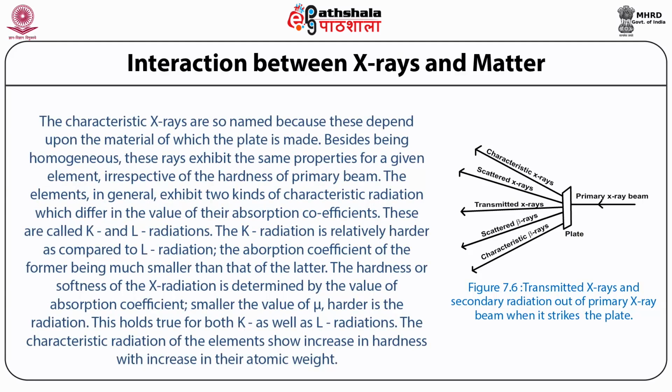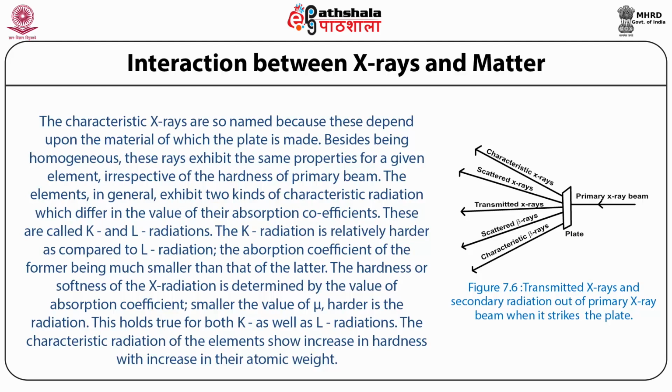The characteristic X-rays are so named because these depend upon the material of which the plate is made. Besides being homogeneous, these rays exhibit the same properties for a given element, irrespective of the hardness of the primary beam.